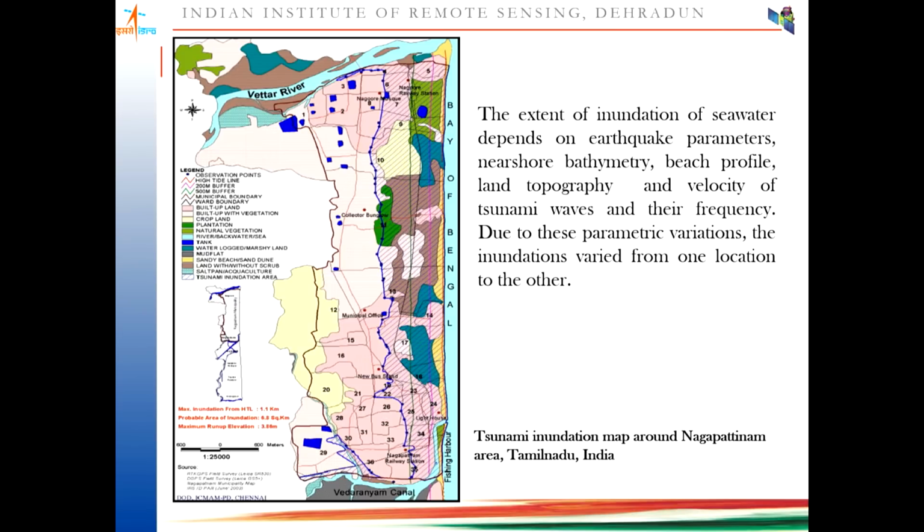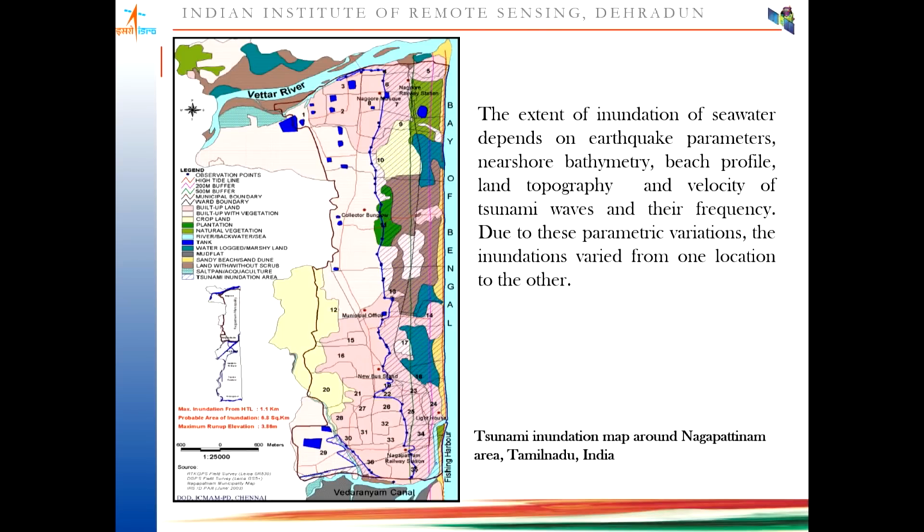Nearshore bathymetry is a very important controlling parameter. Beach profiling, land topography, velocity of the tsunami waves, their frequency, and due to all these parameters varying in different places, the inundation varies from one location to the other. So inundation cannot be a constant in any coastal region because it also depends on a lot of factors. If there is a huge mangrove patch, it will restrict the movement of the water towards the land.